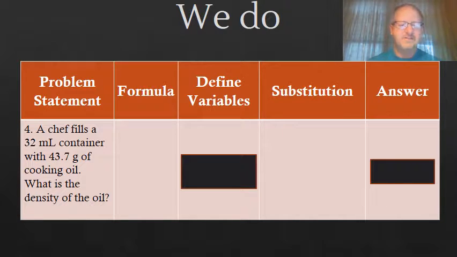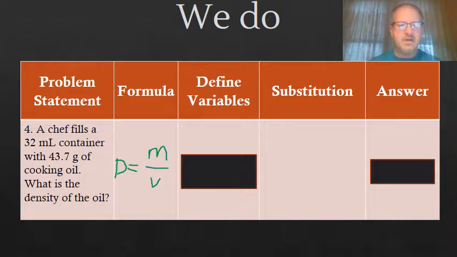So let's figure out, what are we solving for? What is the problem asking for? Oh, it says down here, what is the density? So it's asking for density. So it's D equals. If it was asking for mass, it would be M equals. But it's asking for density. So density's formula is density equals mass over volume.